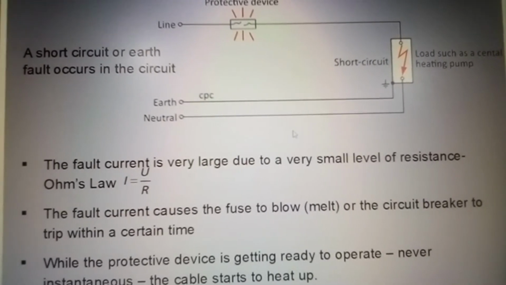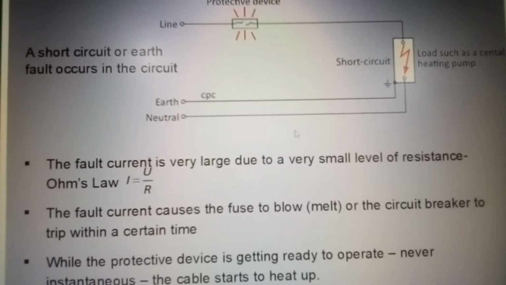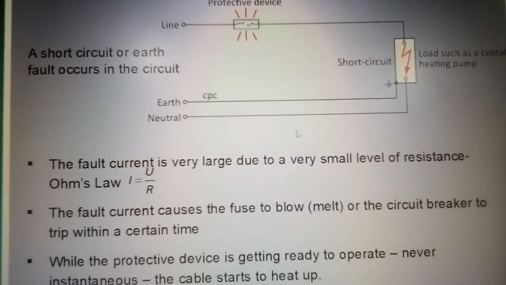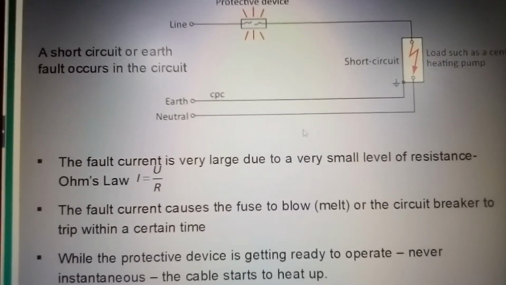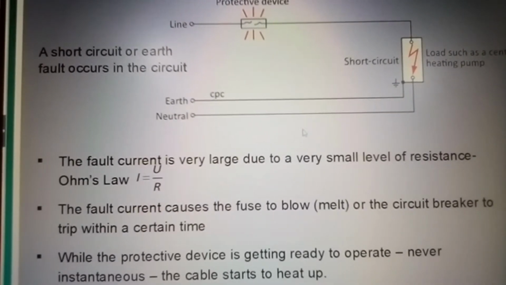Now again, a short circuit or earth fault occurs in the circuit, and we're looking at this in either way in regards to your protective device. You'll have seen this in session 9, so please feel free to look back. The fault current is very large due to a very small level of resistance.